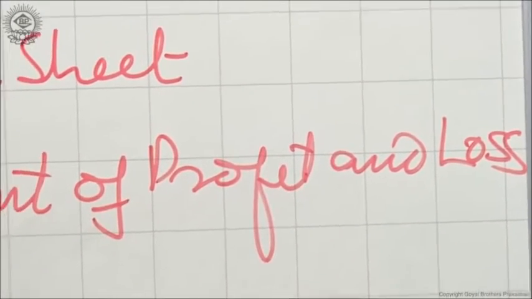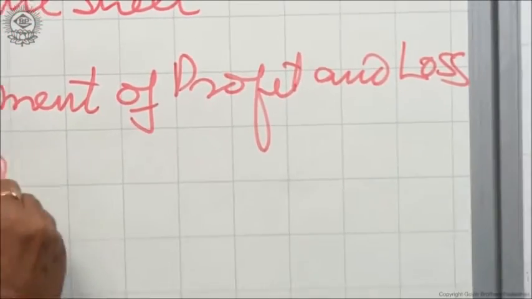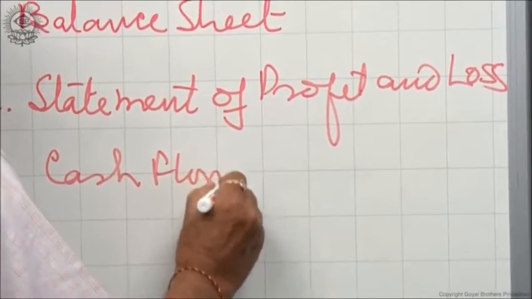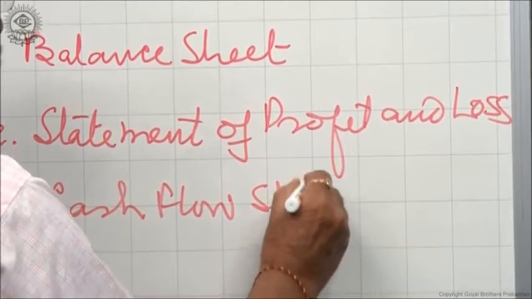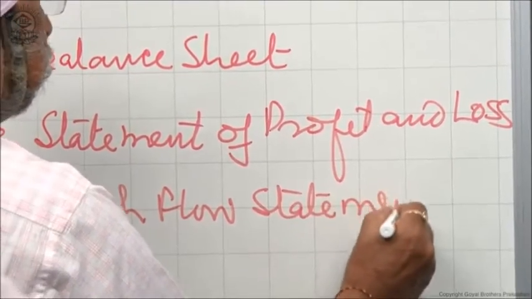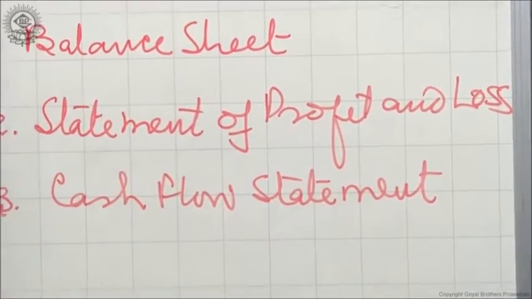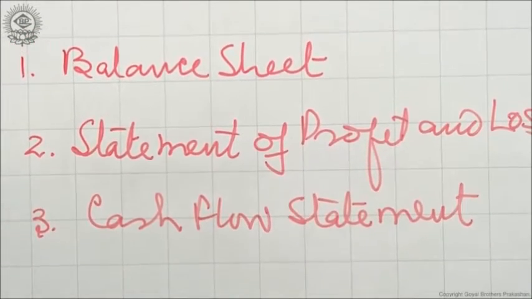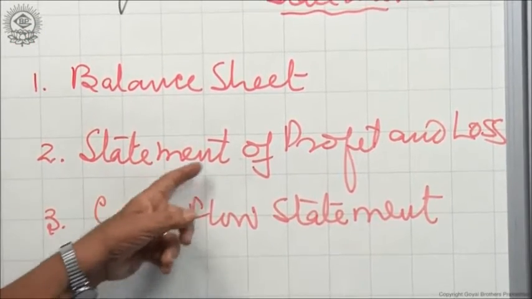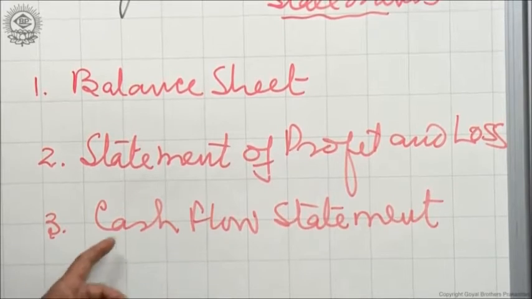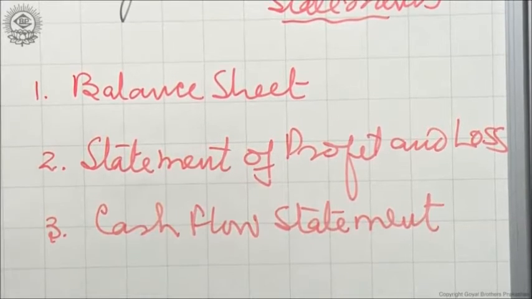Number three is cash flow statement. You are required to study these three: a balance sheet, statement of profit and loss, and a cash flow statement.